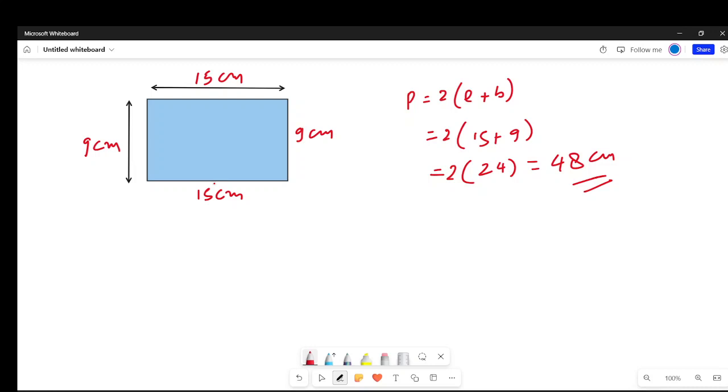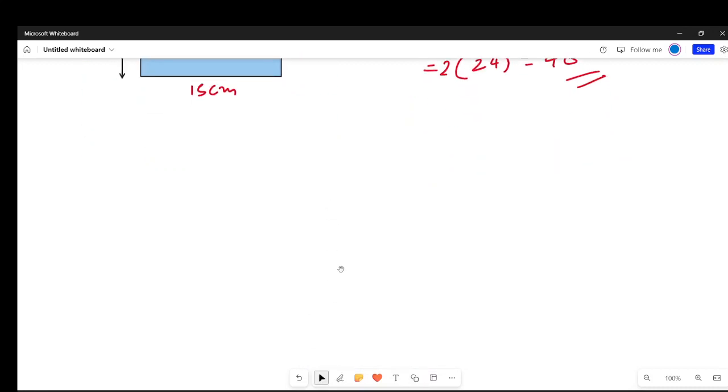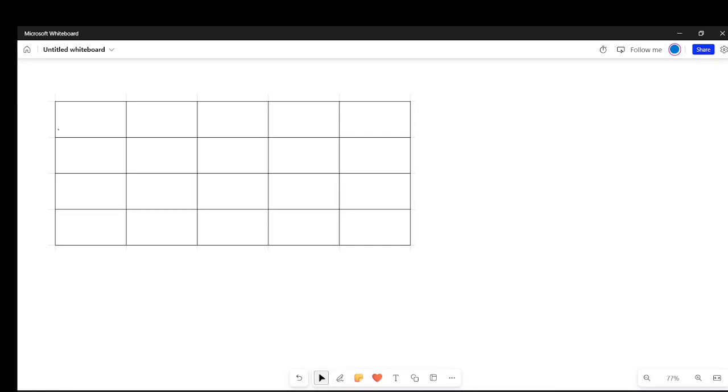Suppose you take measuring tools, and suppose you use bricks here. We should take another figure. Now look at this figure. Clear?